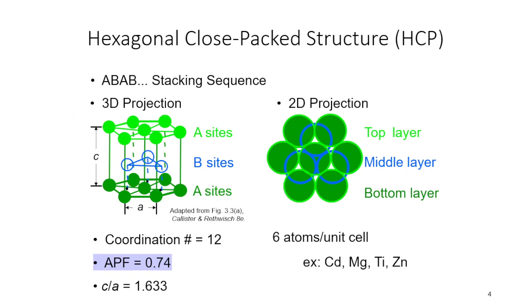In here it is actually 6 atoms per unit cell. We will also discuss how that is 6 atoms per unit cell. Some examples here are cadmium, magnesium, titanium, zinc, and calcium. Calcium also comes under the HCP structure, and many more.